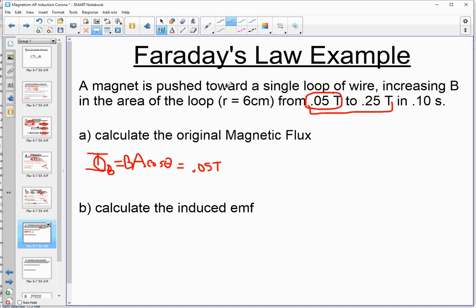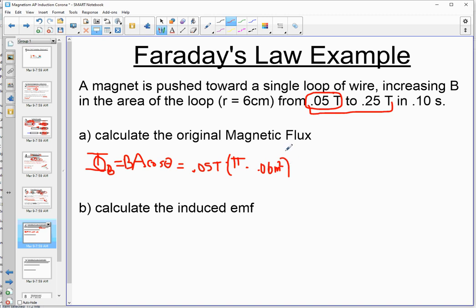For the area, we have a circular loop with a radius of 6 centimeters. So let's put a bracket, and that's going to be pi times 0.06 meters, squared. So pi r squared would be the area.